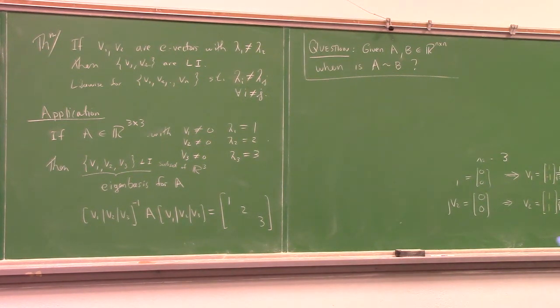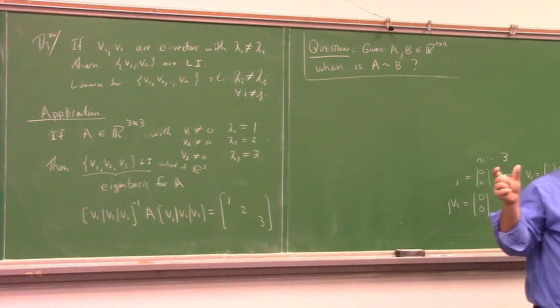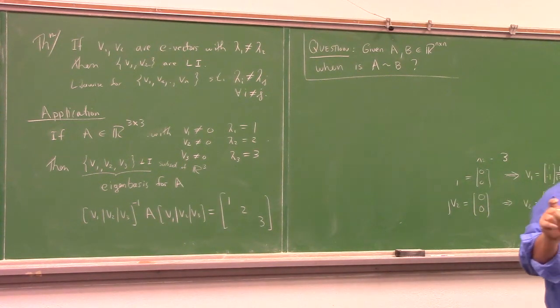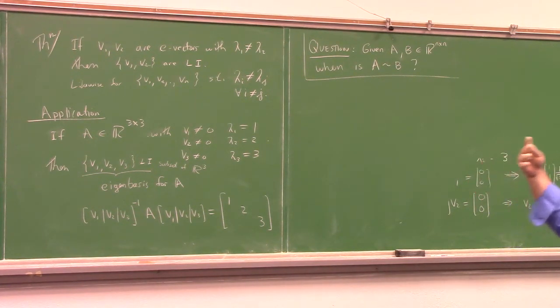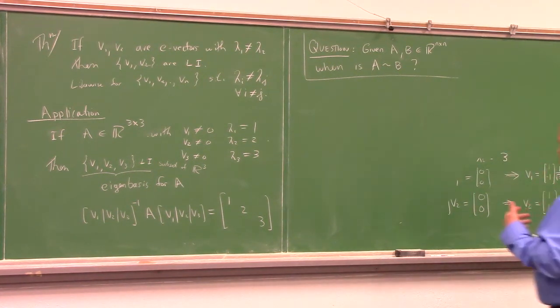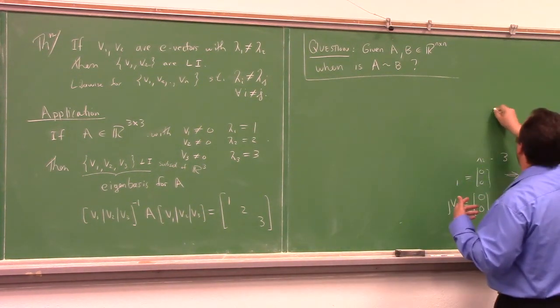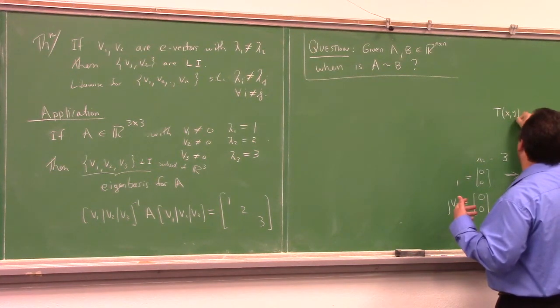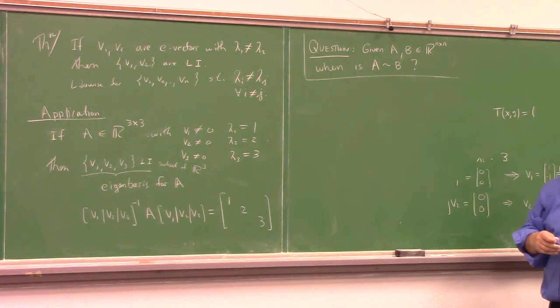This is an interesting question because basically what similarity is, it's how we change the formula for a linear map. So if you change coordinates, then the formula for the linear map changes according to a similarity transformation. And as we've seen in an example that I erased up here, it could change it from something that was somewhat complicated, like, okay, so the original formula for example 4 was T of xy was, what was the matrix for example 4, guys, remind me?